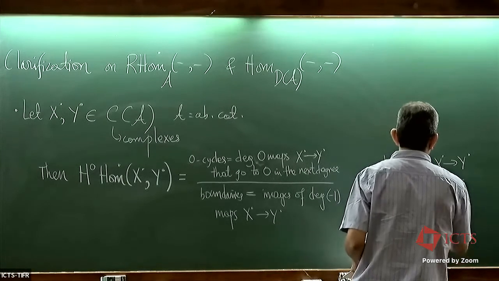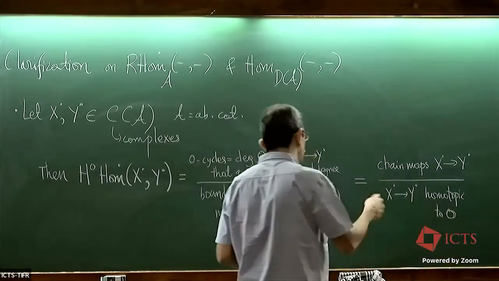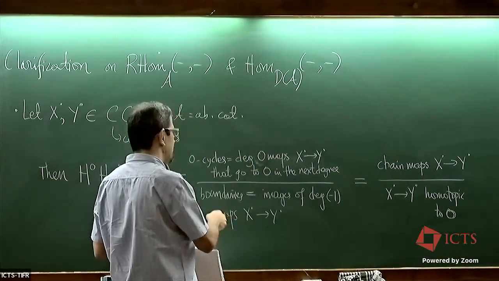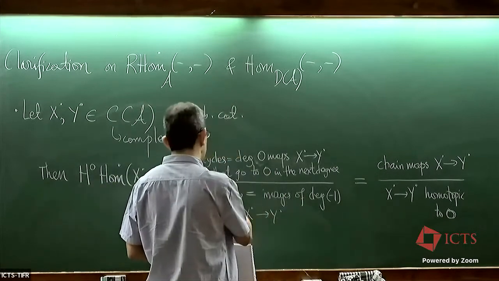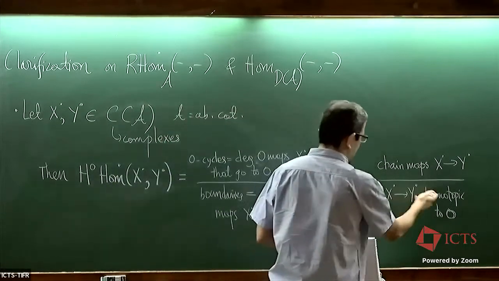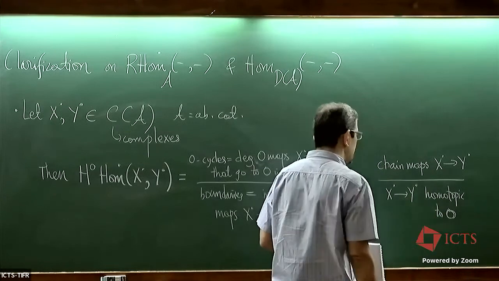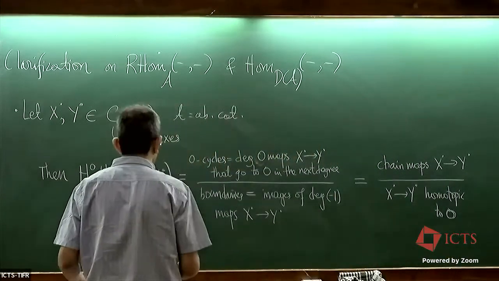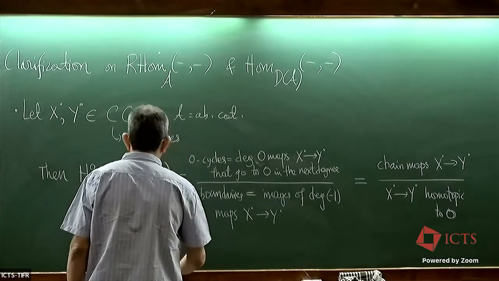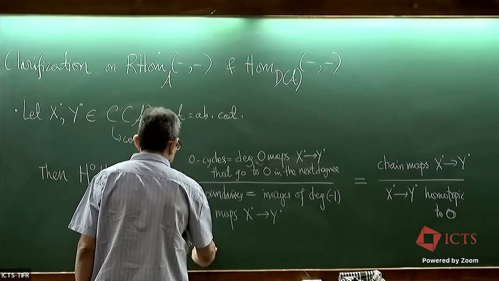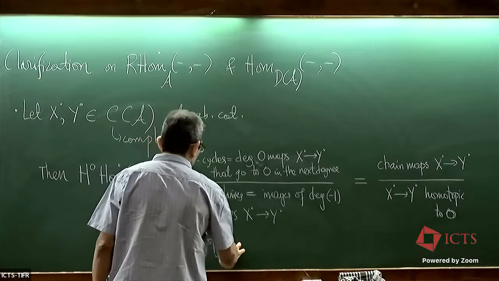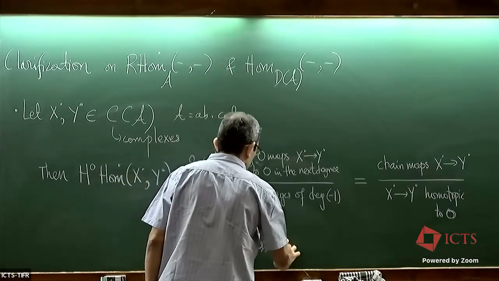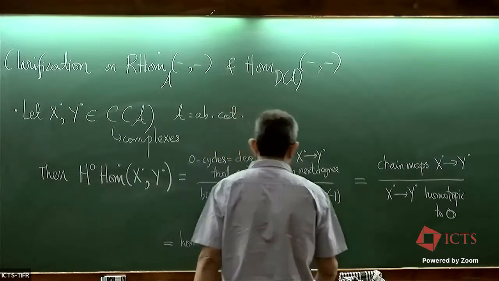Homotopic to 0 means there's a degree -1 map, and its image in degree 0 is being killed here. So this is nothing but the homotopy equivalence classes of maps from x to y.